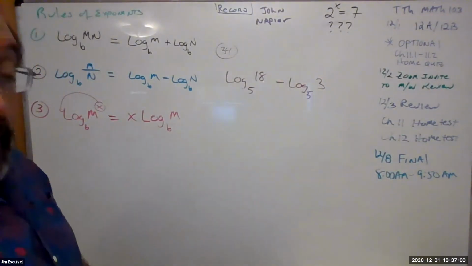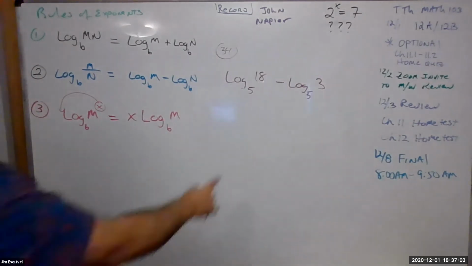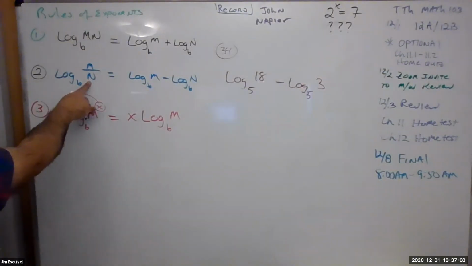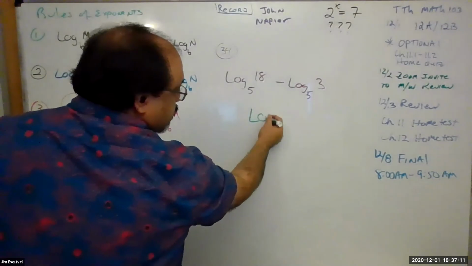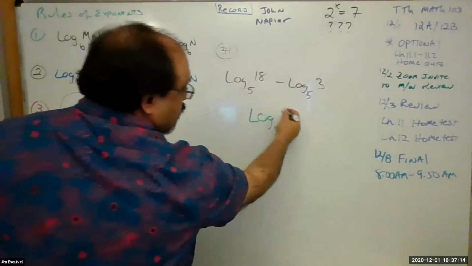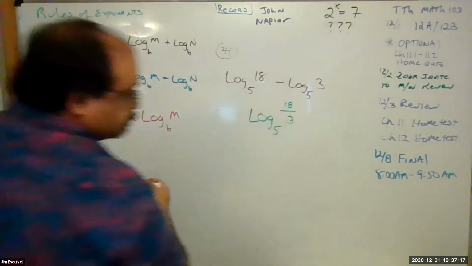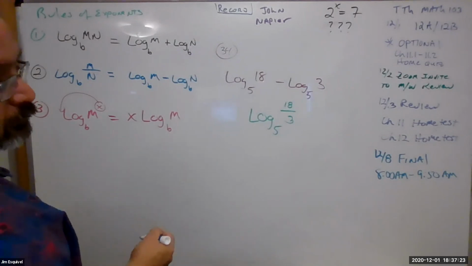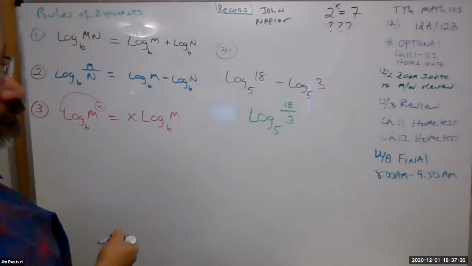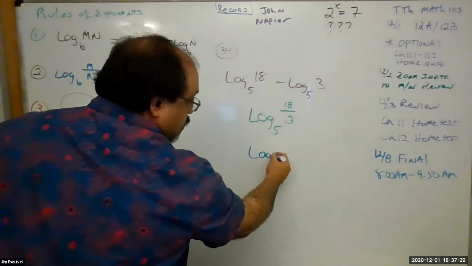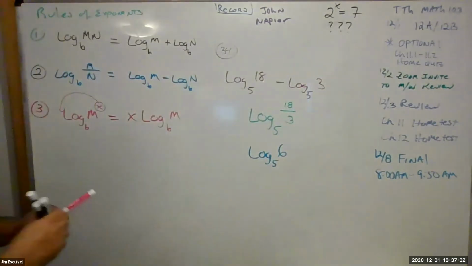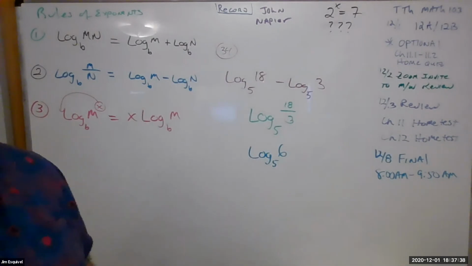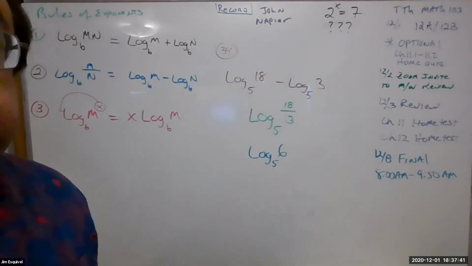You want to write it as one logarithm. So how do we put subtraction back together as one logarithm? You divide. So this is one logarithm, base 5 of 18 over 3. Can you reduce 18 over 3? What's 18 divided by 3? 6. So the final answer is just log base 5 of 6. And that can't reduce any further. That's 34.